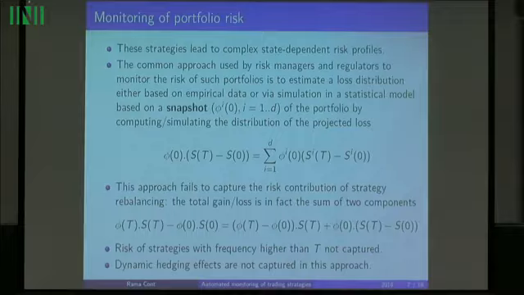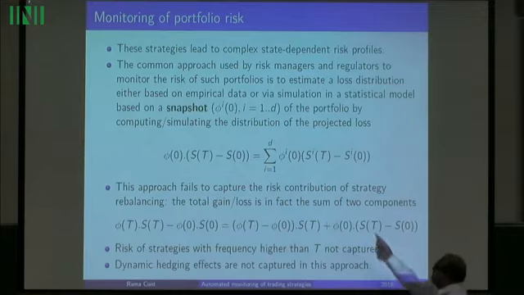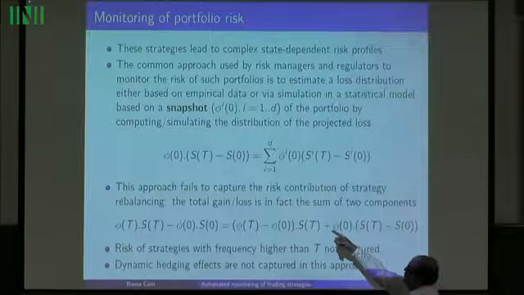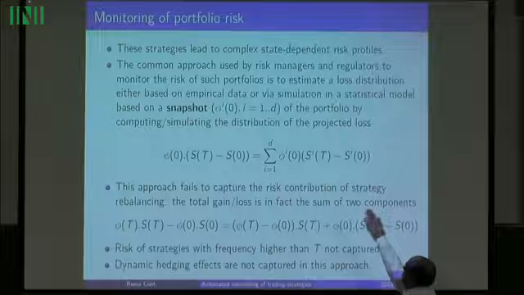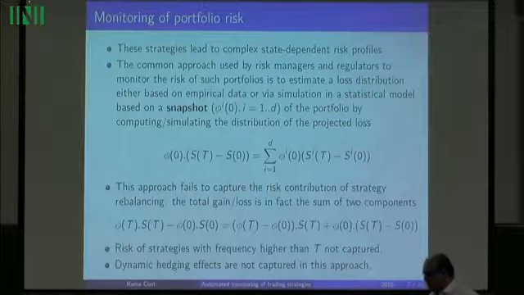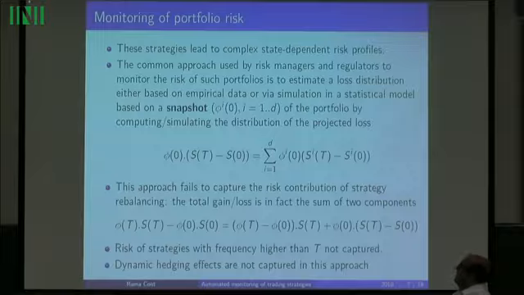So in other words, when you do a static analysis based on the current snapshot of the portfolio, what you compute is what's here. So you look at the portfolio weights at time 0, and you take the sum of portfolio weights at time 0 times the variations of your portfolio components as seen through a model that you simulate from.